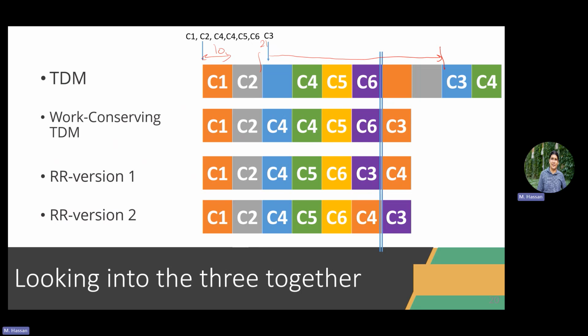You arrive at 21, but you get serviced at 10, 20, 30, 40, 50, 60, 70, 80, right? So you suffer 60 minus 1, which is 59, so you suffer 59 cycles. If we ignore the 1, we say 60, which is simply 6 S slots. What is 6? It is the number of cores, right? So you suffer in general N S arbitration delay slots. Then I also take my access time, which is another S, right?